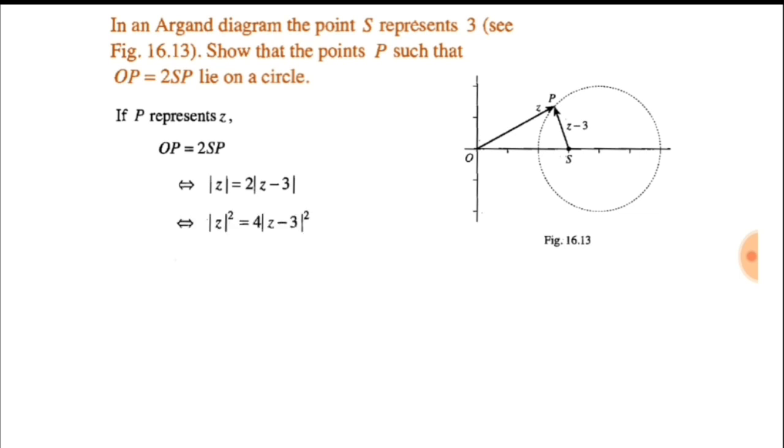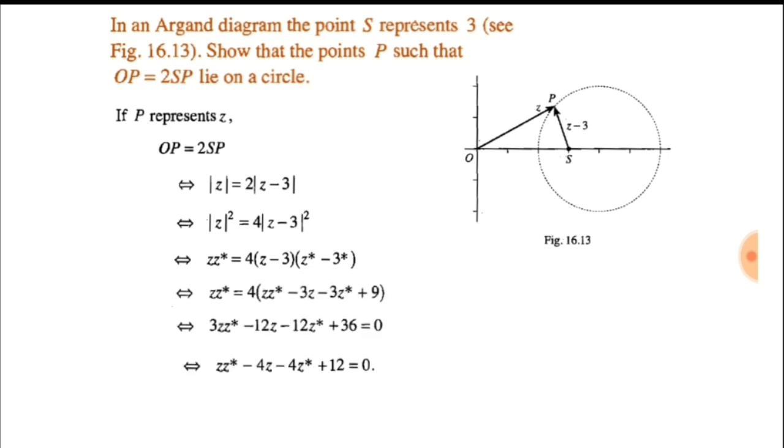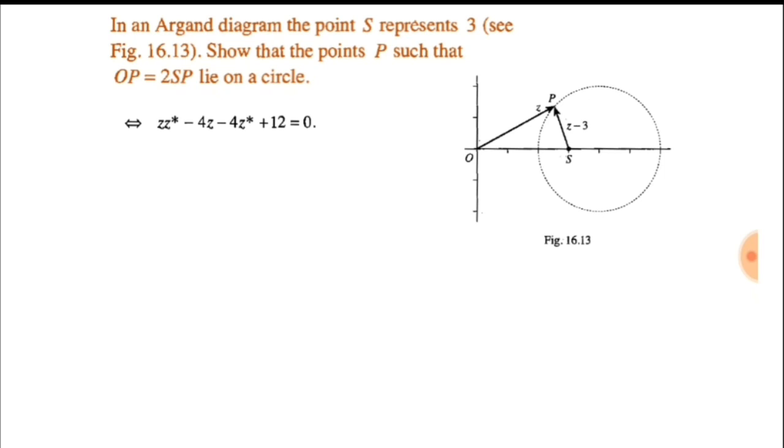Squaring on both sides, replacing modulus of z square with z times z star and replacing modulus of z minus 3 square with z minus 3 times z star minus 3, and simplifying, we get the equation z z star minus 4z star plus 12 equals 0.